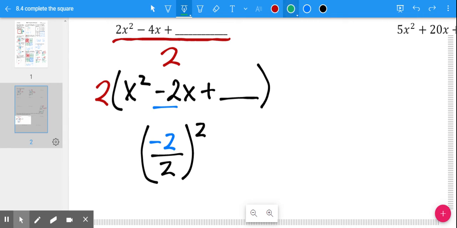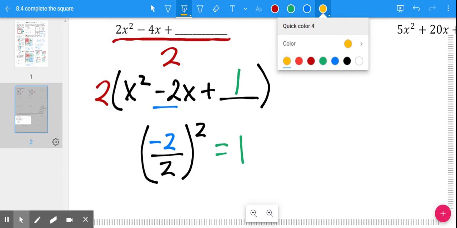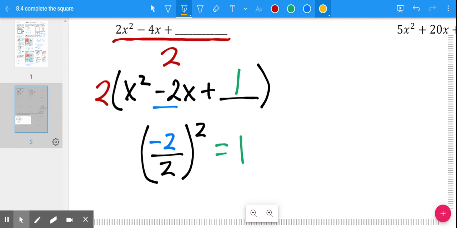I'm going to change my color so it doesn't get confusing. So put a positive 1 right there. Now, we're not finished yet because we still haven't filled in the blank in the original equation. So in order to do that, 2 times x squared is 2x squared. 2 times negative 2x is negative 4x.